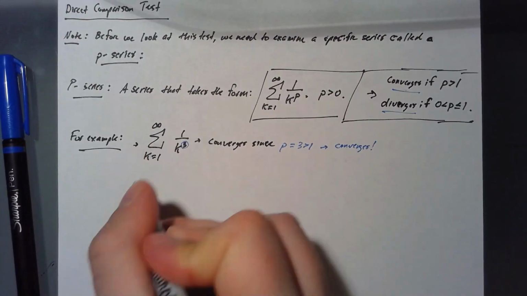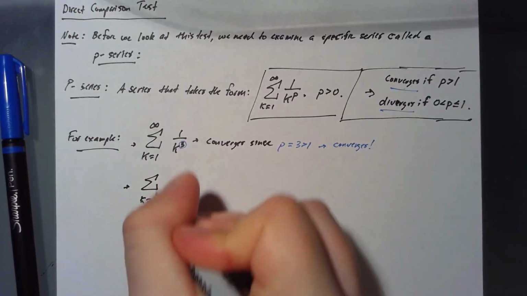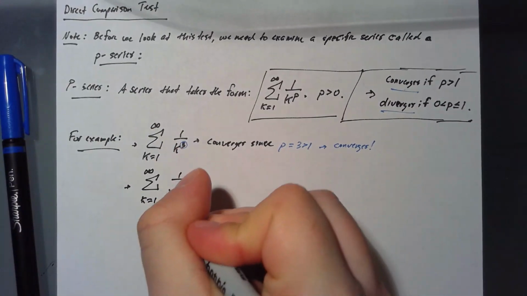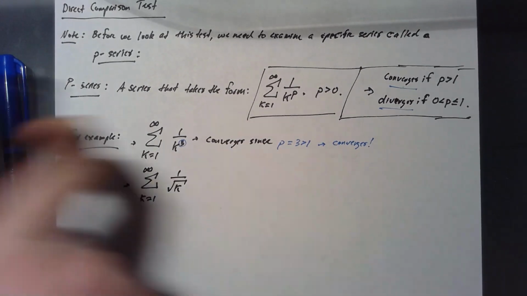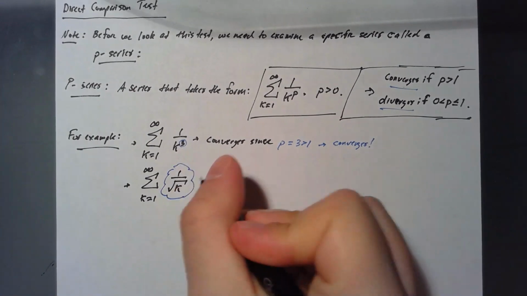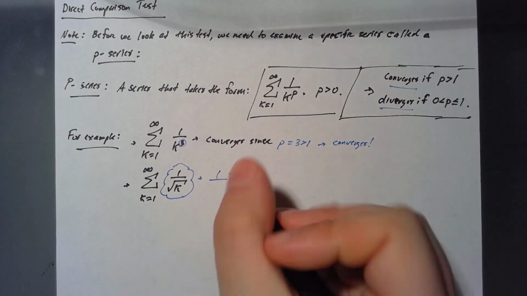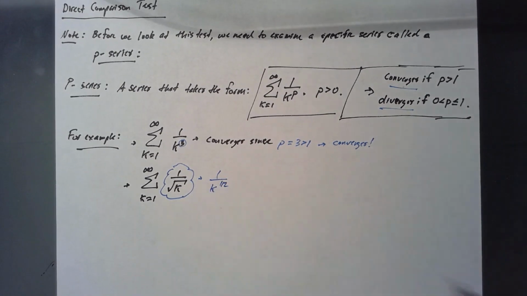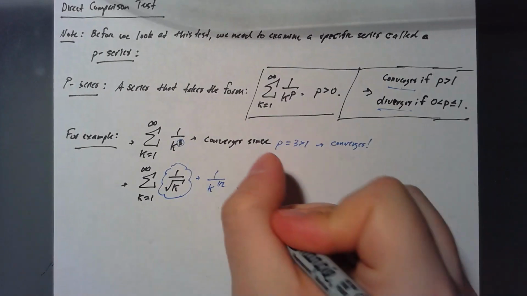Here's another example. One over the square root of k. Well, if you rewrite this, instead of square root of k, you could just write k to the 1/2 power, right? Well, does that converge or diverge?